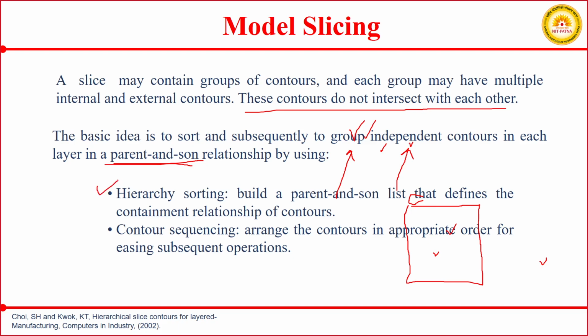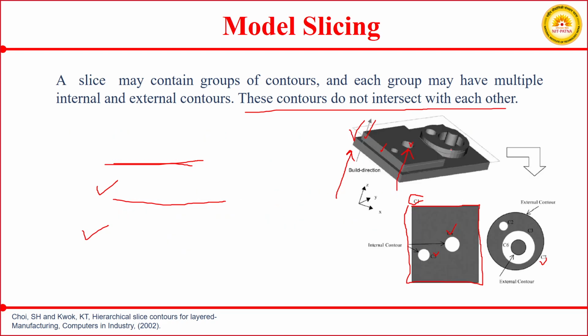For this we will use hierarchy sorting, sorting these contours. There are two types of sorting, and the first is hierarchy sorting. In hierarchy sorting, we look at the parent and son list that defines the containment relationship of contours. It means how two contours are related with each other, like how C1 is related with contour C4.